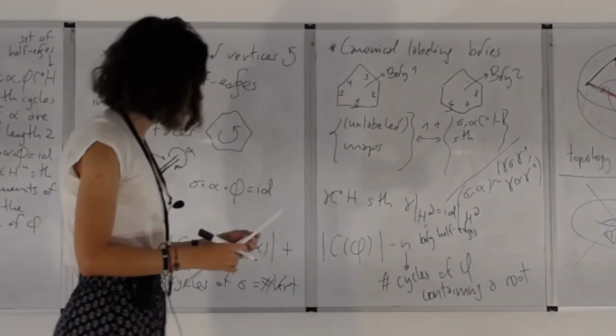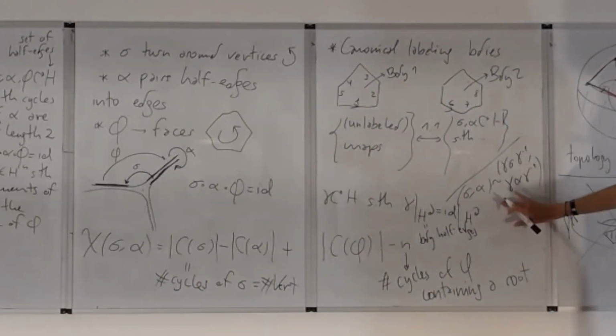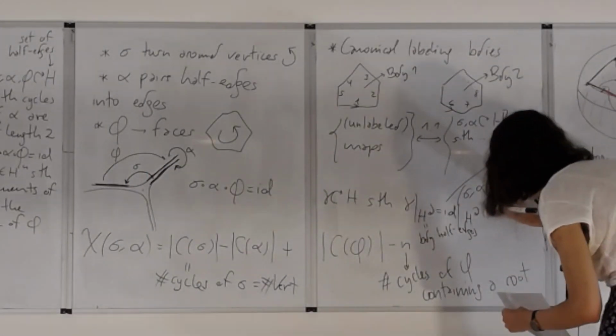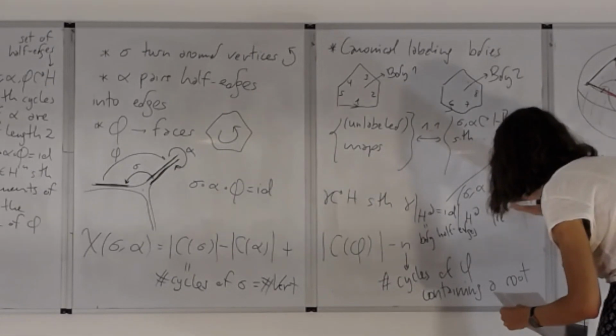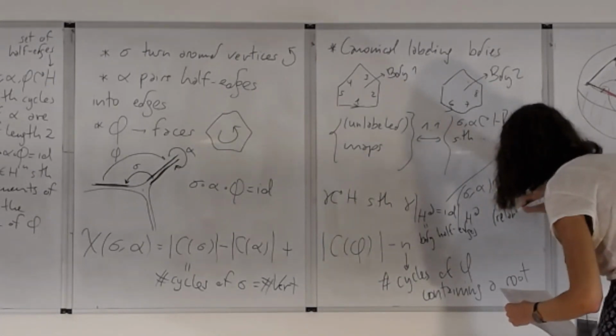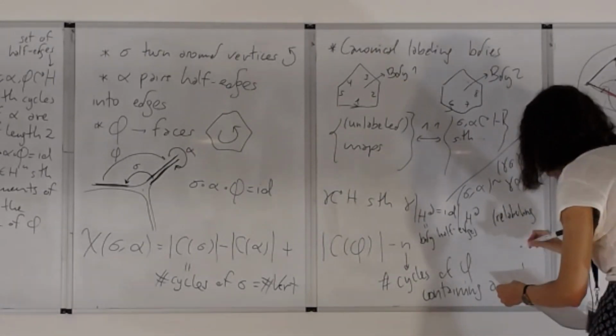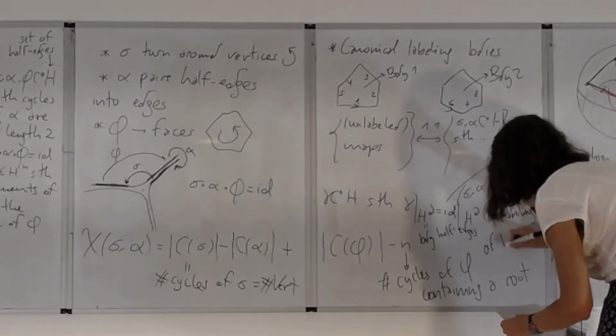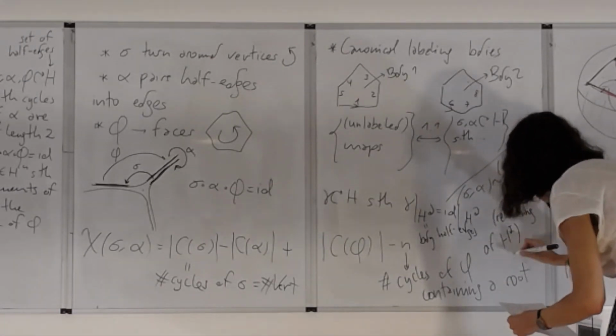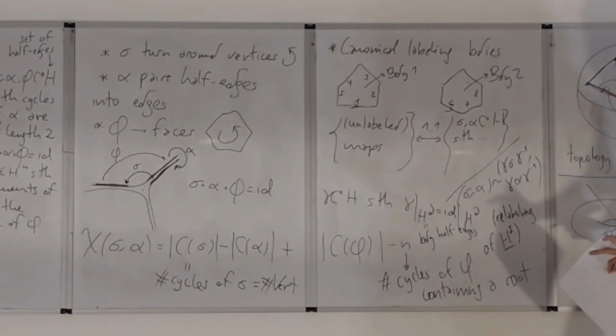And this gamma, this is what it is precisely, but morally, just to understand, it's just a relabeling of the internal half edges.